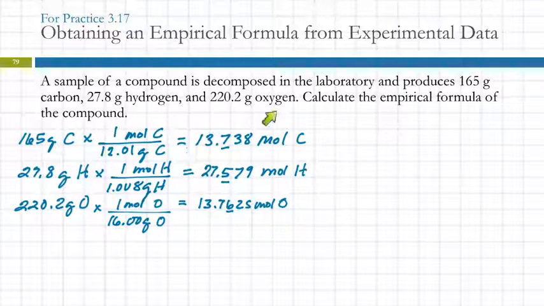Well, I prefer to just leave them here, and what I'm going to do is identify which of these is the smallest number. Well, it's the moles of carbon, right? This is a teeny bit smaller than the moles of oxygen. So this is the smallest one, and I'm going to divide all of them by the smallest one.